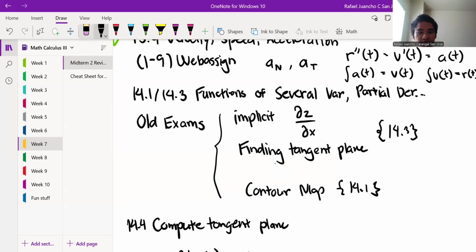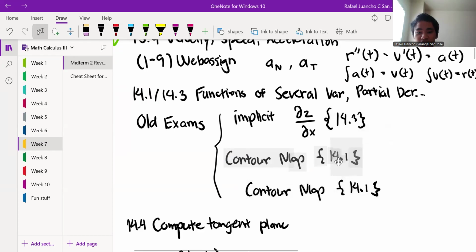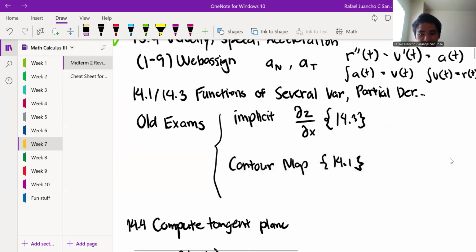Then finding tangent plane is something for the next part. So this is basically just these two. Something about contour maps and something about these things. Sketching domains.